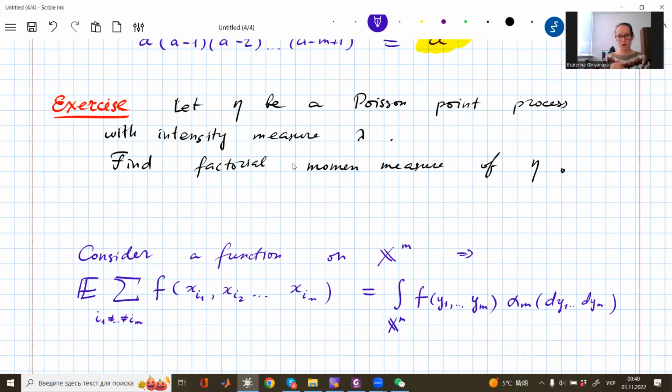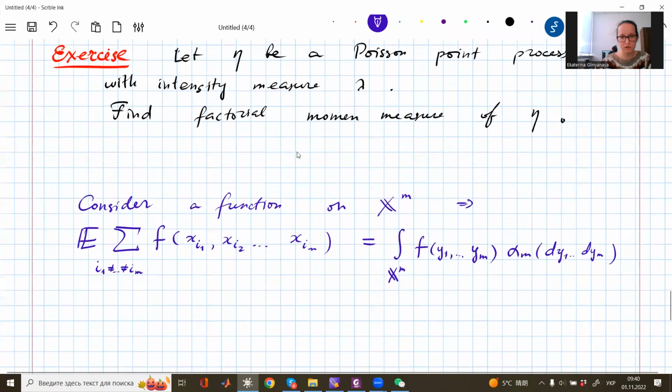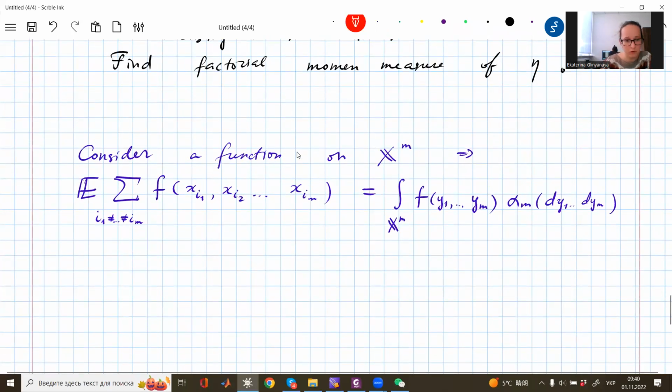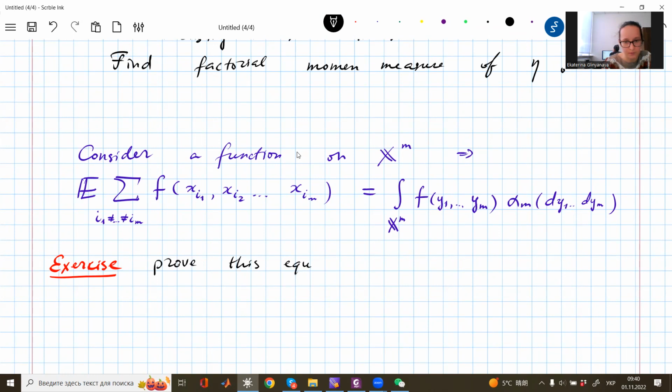You just need to write the step approximation for the function f. So this is not hard to see, and I will write it as an exercise to prove this equality. This is very easy, and it follows from the definition.